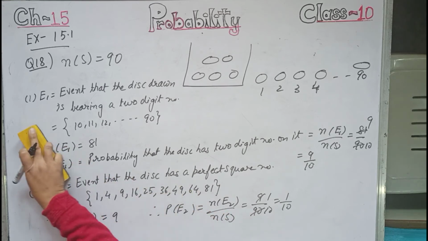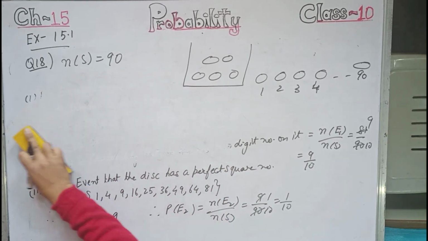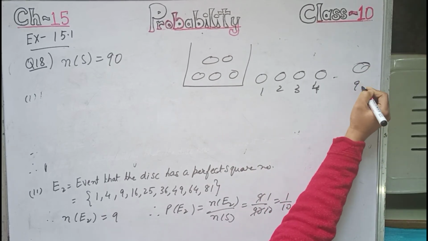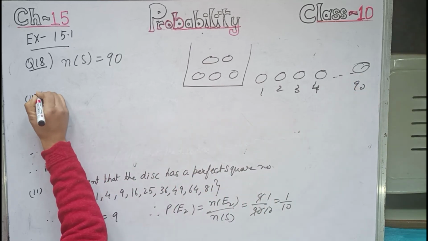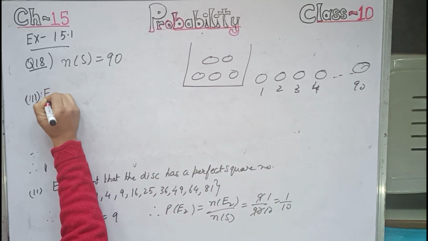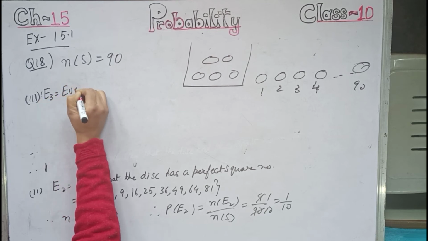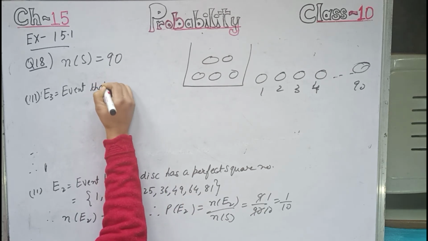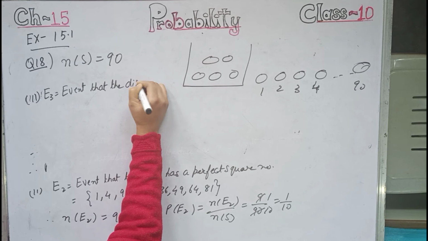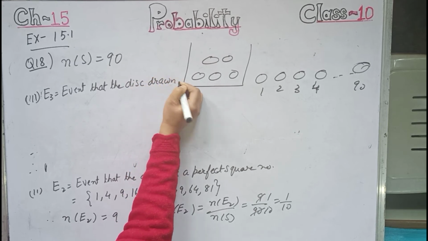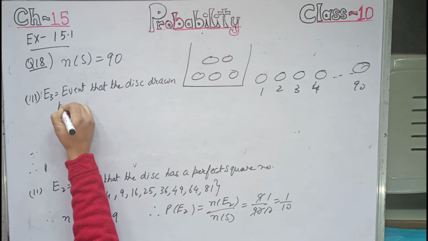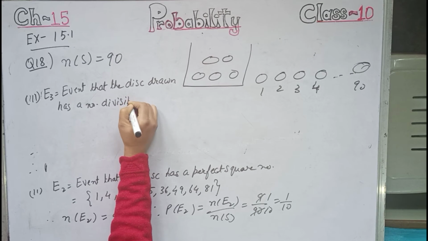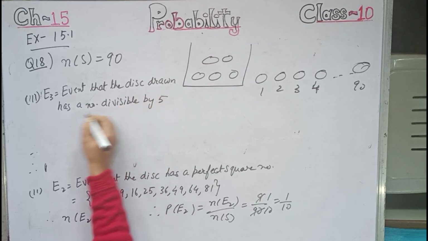Now one more part is there. Number 3, E3 equals to event that the disc drawn has a number divisible by 5.